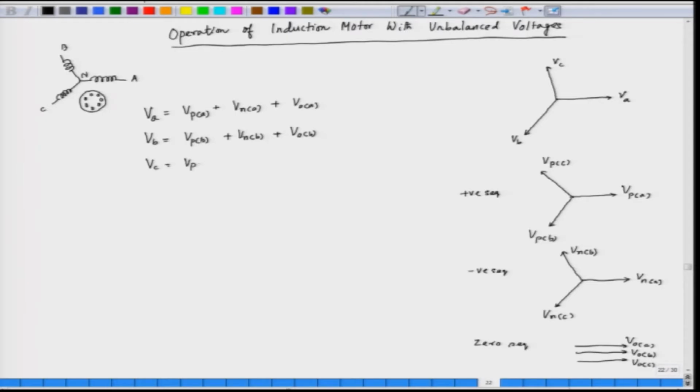This is the positive sequence component of phase C, the negative sequence component of phase C, and the 0 sequence component of phase C.